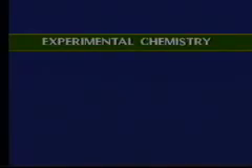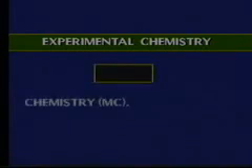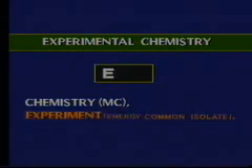Now we will try to understand these two types of PCIs with the help of some examples. First, consider the title Experimental Chemistry. The main class of this title is Chemistry, the number for which is E. Now, we have to add the number for experiment.